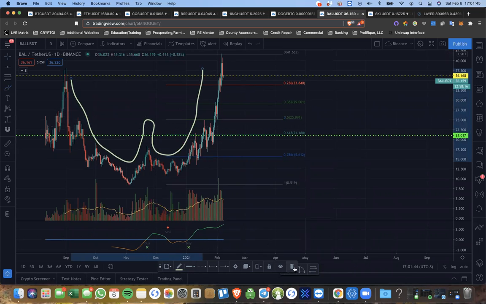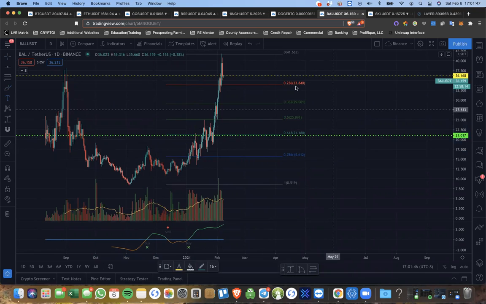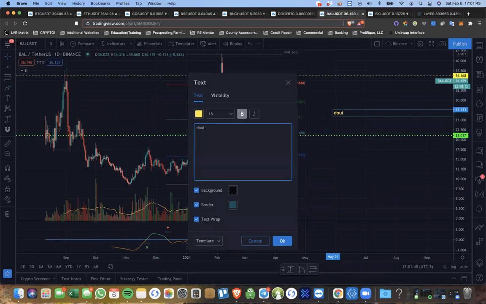So remember, double bottom, I'll write it down for you guys. And we're about wrapping up here pretty soon. A double bottom needs 2 bottoms, obviously.